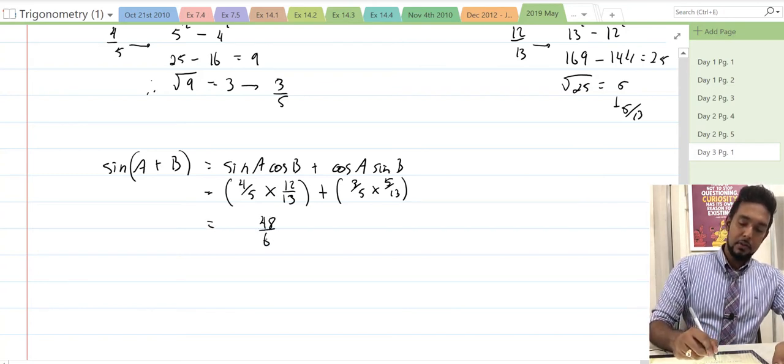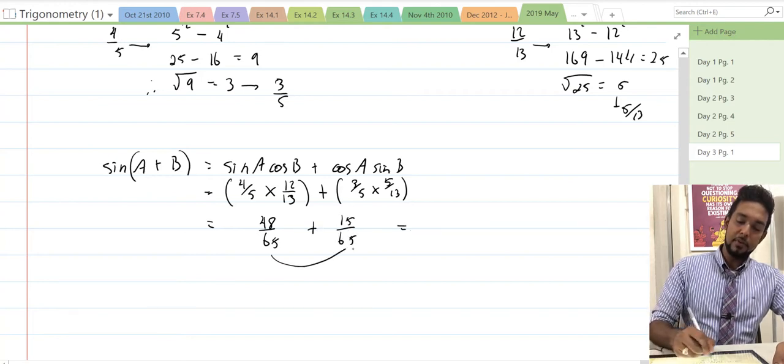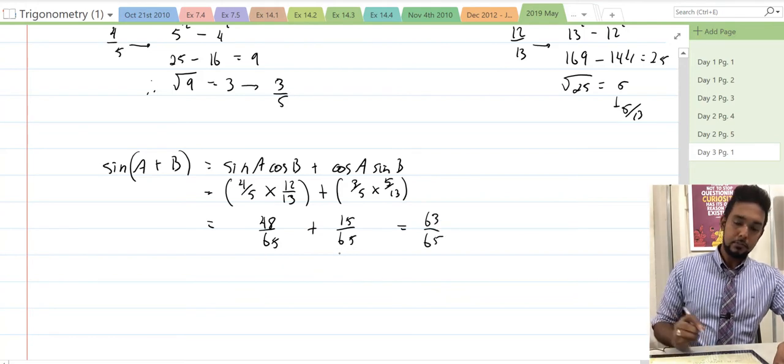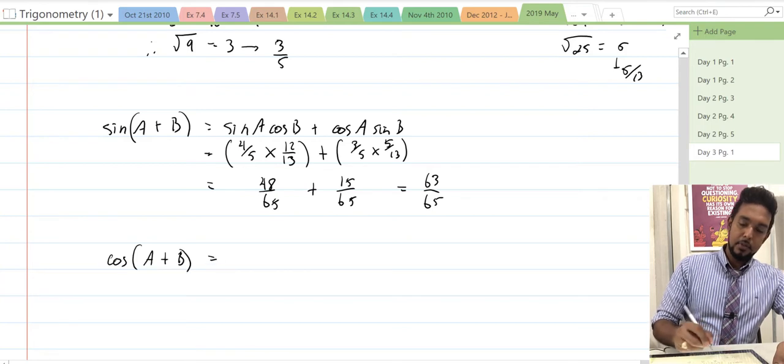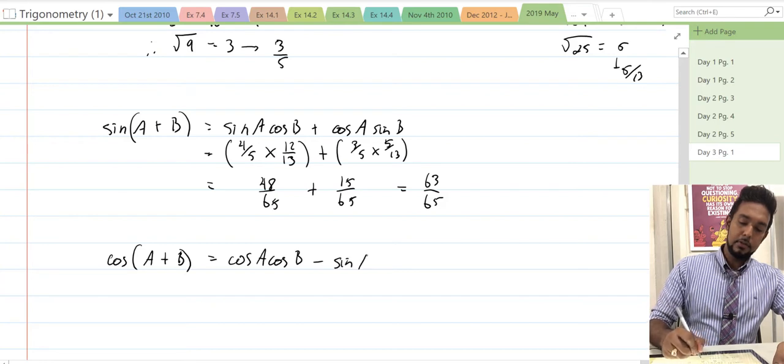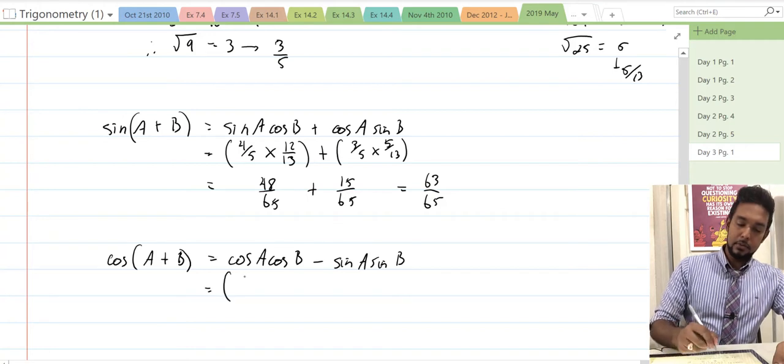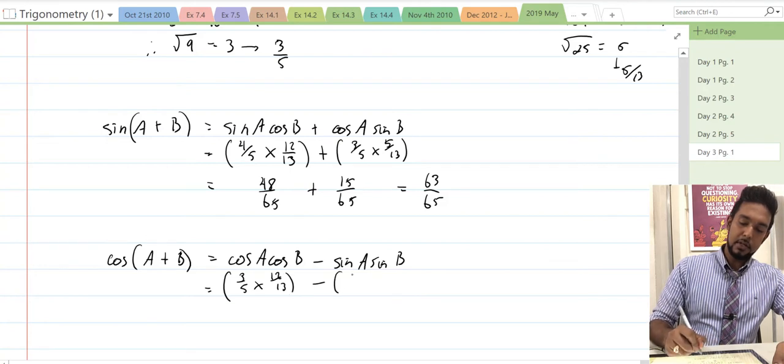So we get 48 over 65 plus 15 over 65. And because we now have a common denominator, we could simply add the numerators. And similarly with cos of A plus B, that's equal to cos A cos B minus sin A sin B. So cos A was 3/5, cos B was 12/13, minus sin A was 4/5, sin B was 5/13.